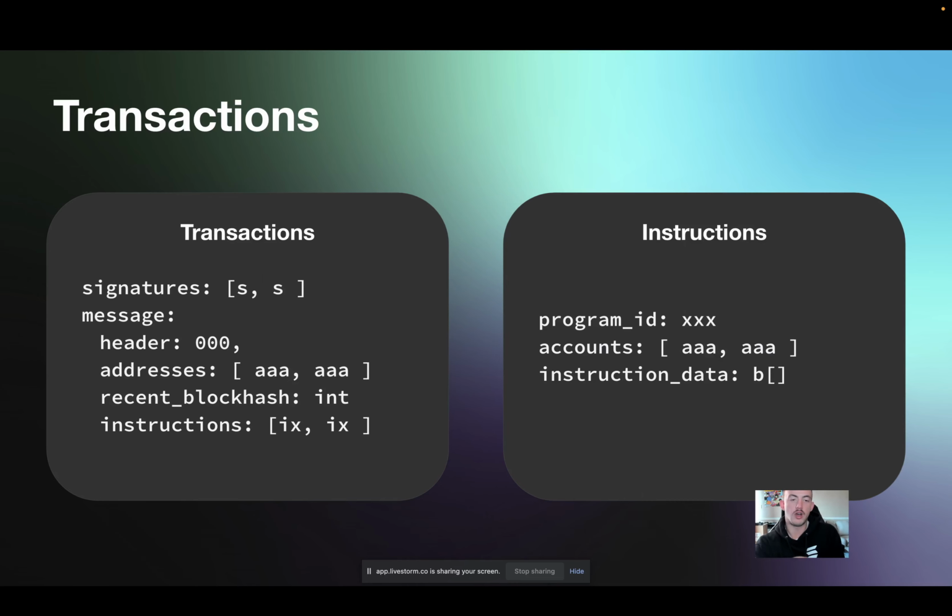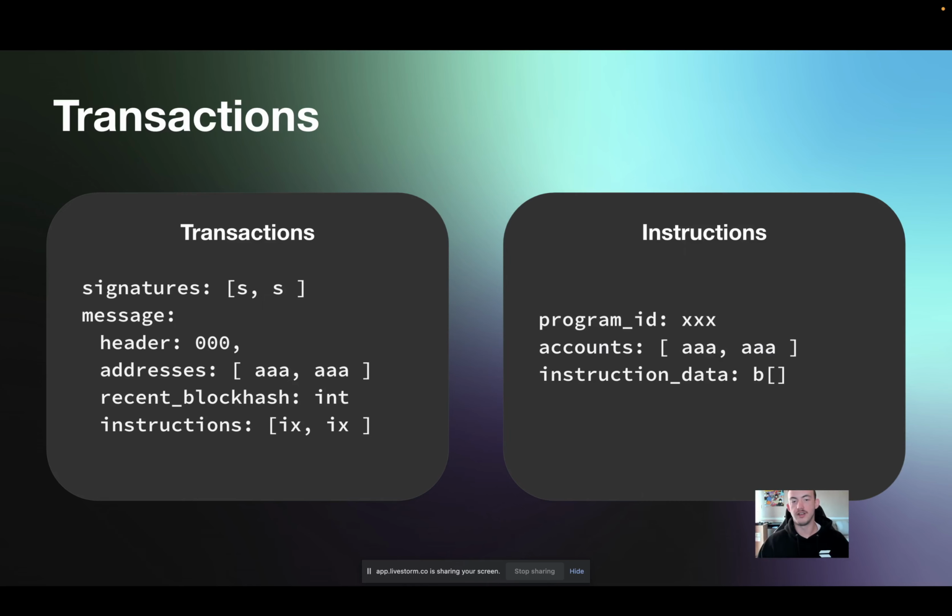I just want to quickly call out that every transaction uses this field called recent block hash. What that basically means is when you go to send a transaction, it's required that you query the network and get a very recent block hash. Most people just get the latest one, the current hash that the blockchain is on.